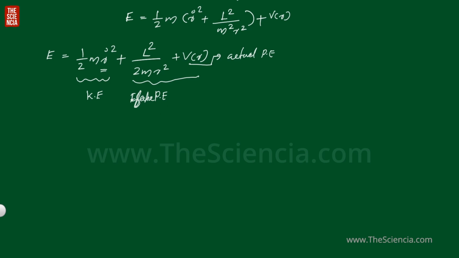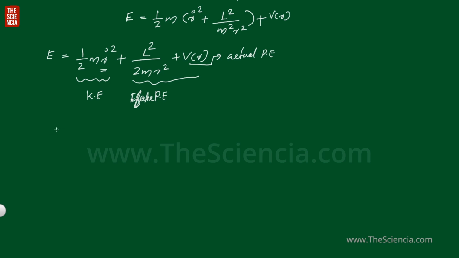Now you just look into the equation for energy. Is there any function of θ? No. The equation of energy is totally a function of r only, right? So earlier the total energy was a function of r and θ, but by introducing the effective potential, the problem is reduced to 1D. That is, there is only one variable, that is r only, right?